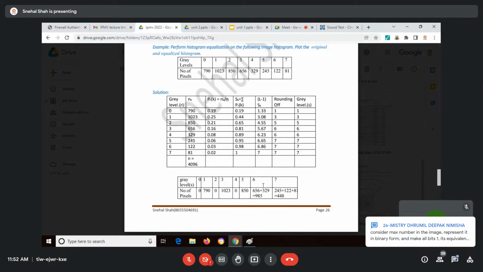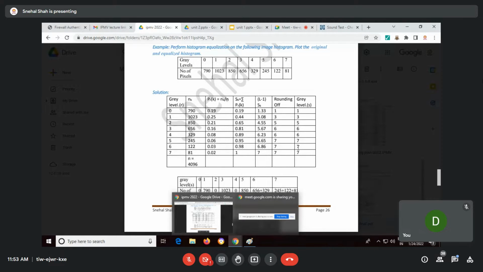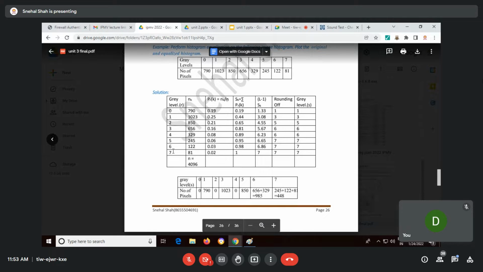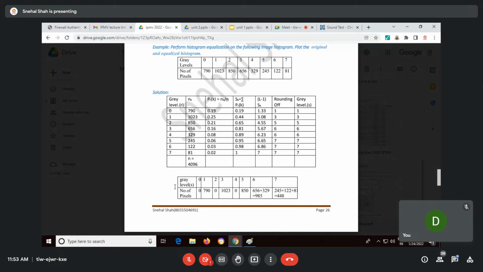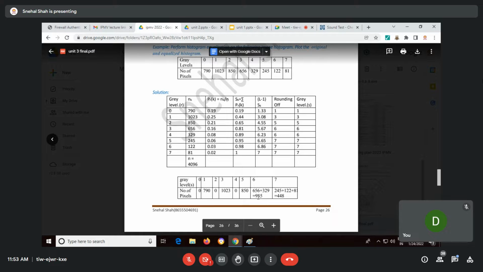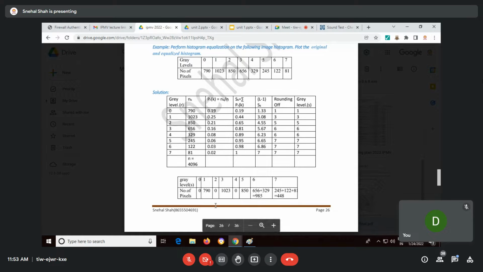Ma'am, here in the last box, for gray levels 0, 1, the number of pixels in the even column is zero, like for 2, 4, and 0. But then for 6, why is it 656 plus 329? It's not compulsory for the even ones that you have to write down the zero.